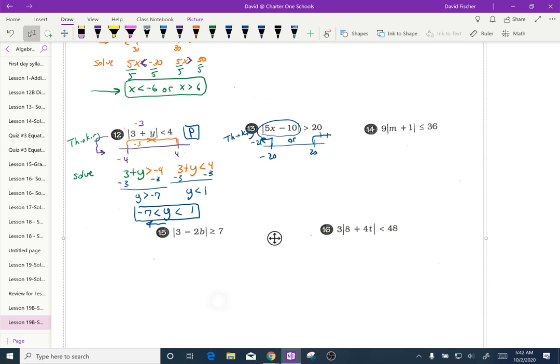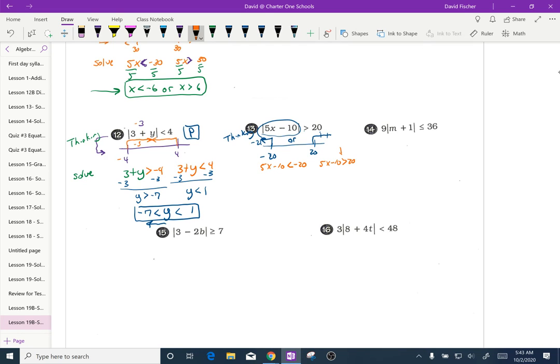Now, here we go. Let's solve it. I'm going to do 5x minus 10. And I'm getting rid of the absolute value sign, so we were told, write the problem twice. Once with a negative. I want to flip that sign because I'm on -20. And then I'm going to have 5x minus 10 greater than 20.